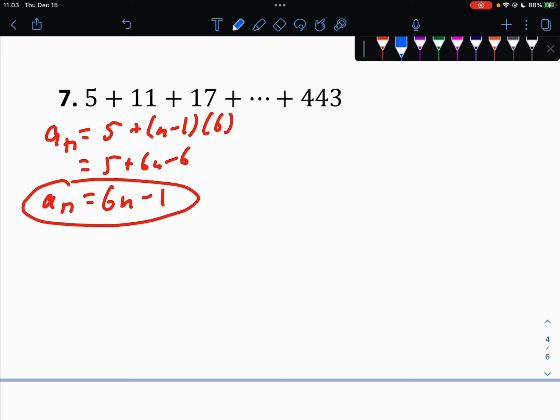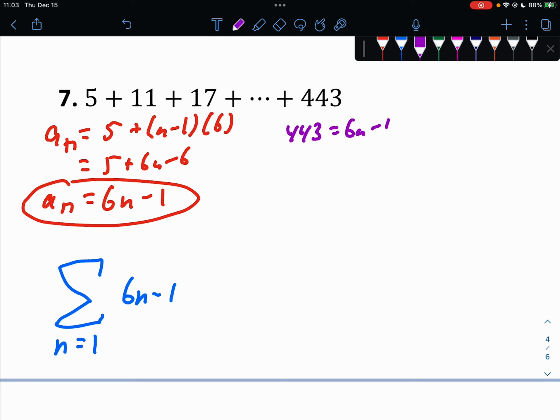So our summation is going to be n equals 1 of 6n minus 1. We don't know the last term yet here, so let's set 443 equal to this. And 444 divided by 6 gives me 74.